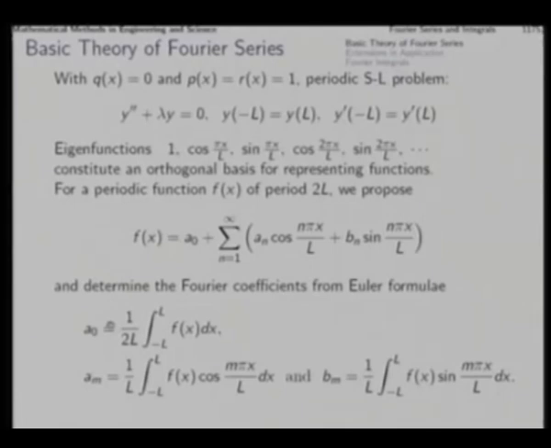The reason is that the norm of this member in the family is square root of 2L. In these cases, the norm is square root of L. Now, with these coefficients defined according to the routine procedure of Sturm-Liouville theory, we will get the Fourier series of a function which is periodic with period 2L.